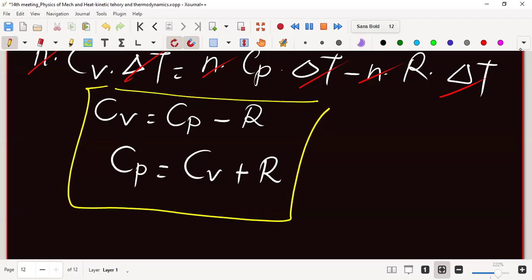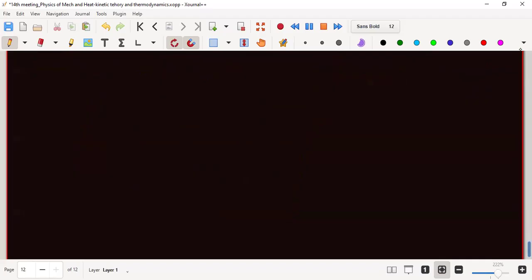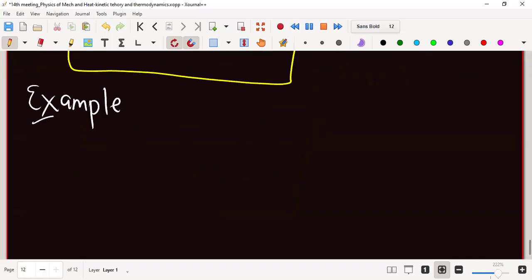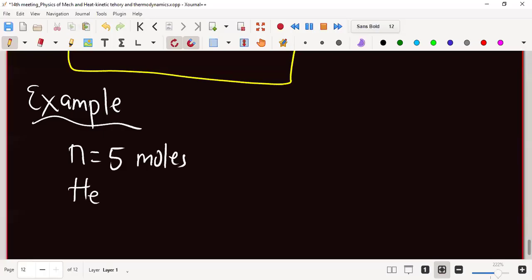I will give an example problem. For example, a bubble of 5 moles of helium, a monatomic gas, is submerged at a certain depth in liquid water when the water undergoes a temperature increase delta T of 20 degrees Celsius, at constant pressure.